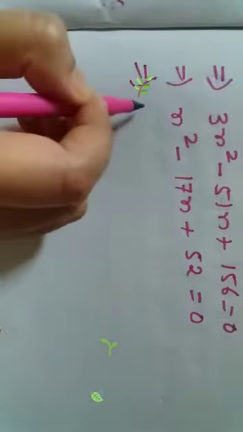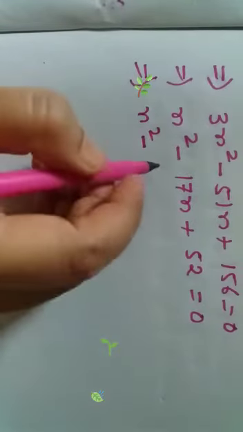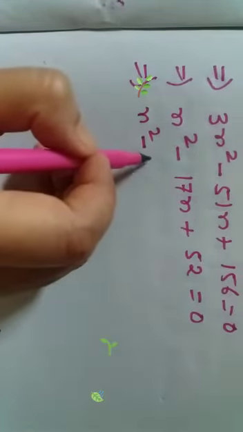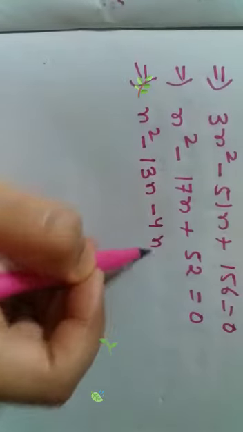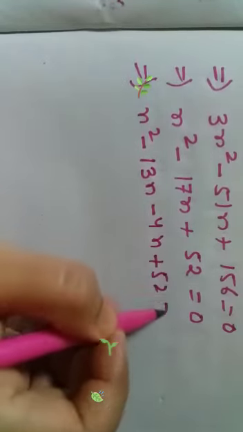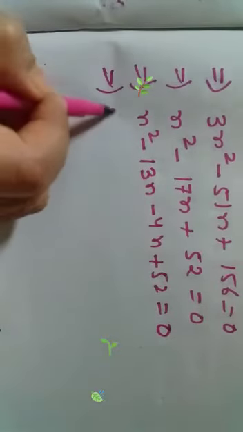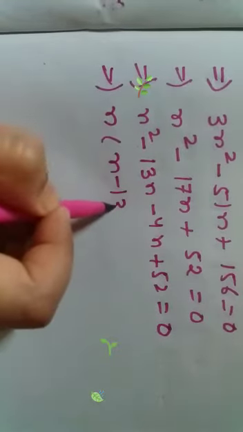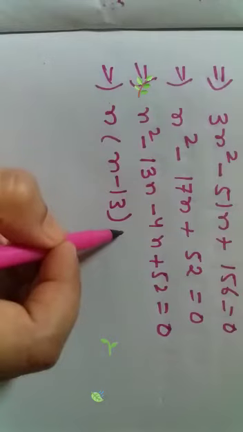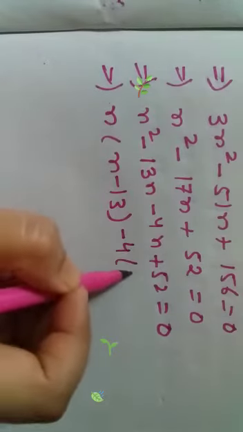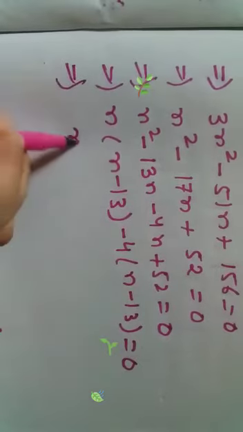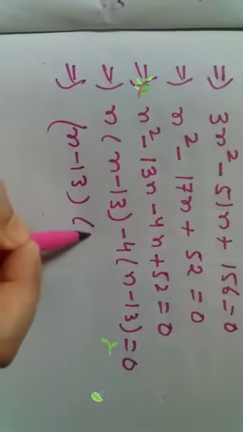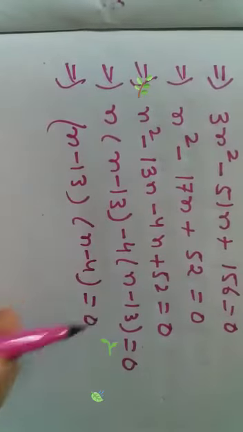So write n square minus 13n minus 4n plus 52 is equals to 0. Taking n common, n into n minus 13, and taking minus 4 common, minus 4 into n minus 13 is equals to 0. So n minus 13 and n minus 4 is equals to 0.